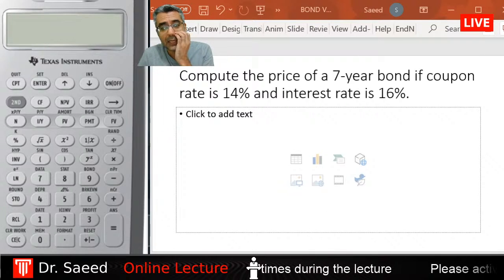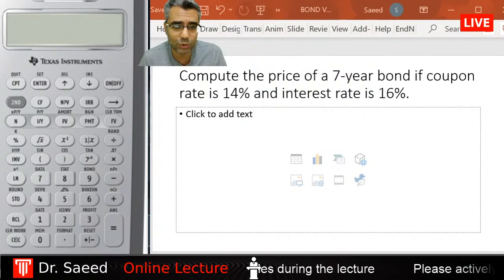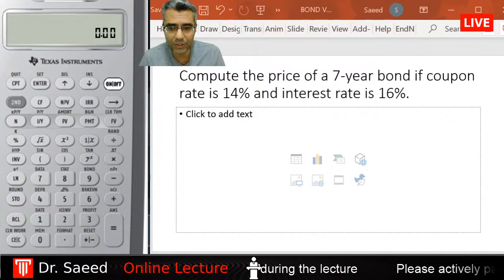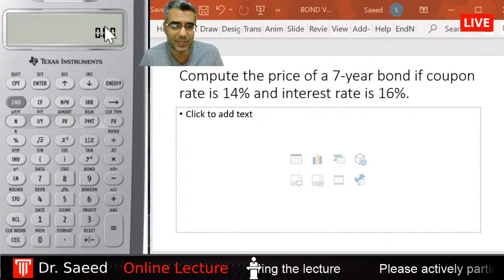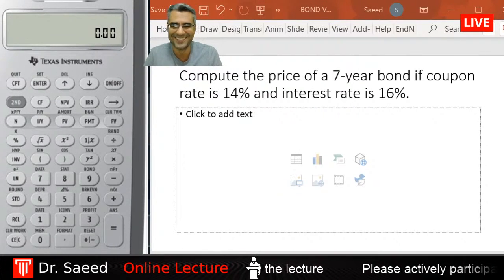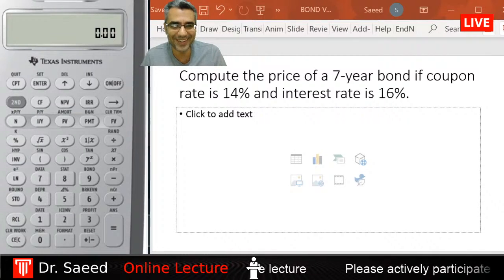Yes, we need to switch it on. Otherwise it won't work. I promise, I have tried this before.